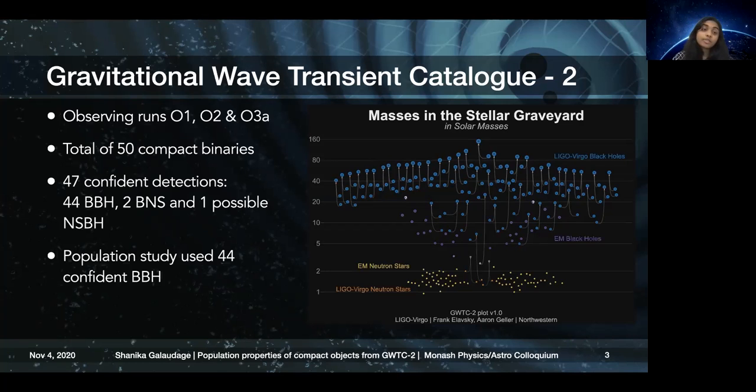And of those 47, 44 are binary black holes, 2 are binary neutron stars, and we have 1 possible neutron star black hole merger. And so when you have a lot of events, what's interesting to do is analyze the population. And so for our population study, we used the 44 confident binary black hole detections.